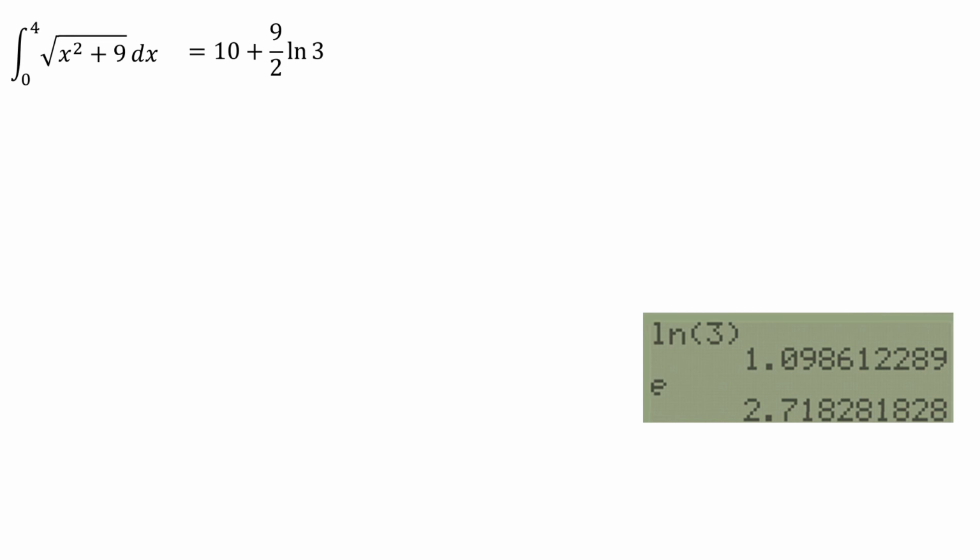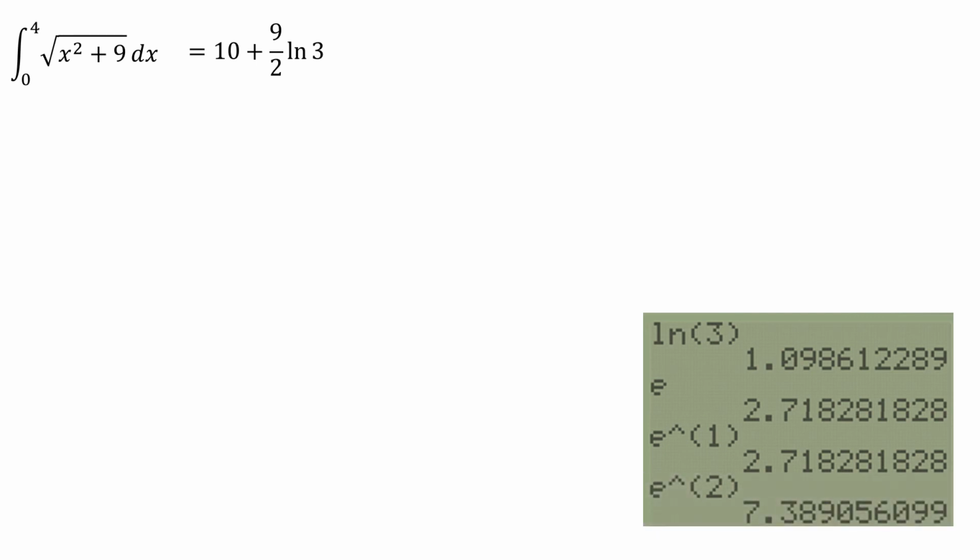So e to the first power would be a little bit too small, just about 2.7. E squared is kind of a bit too big, because that's about 7.4. So I kind of knew that the natural log of 3 was going to be a little bit more than 1.